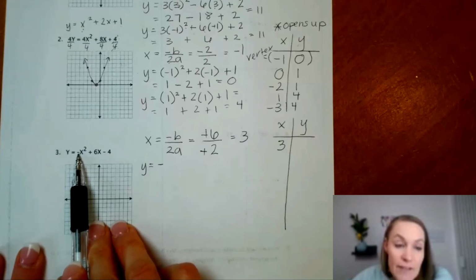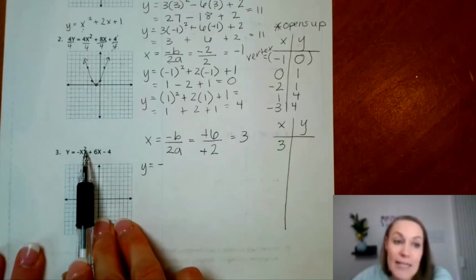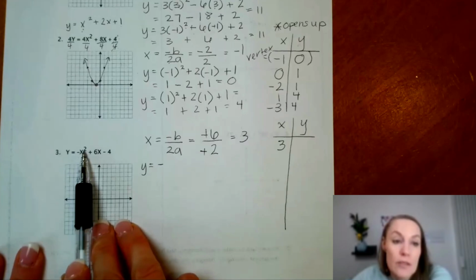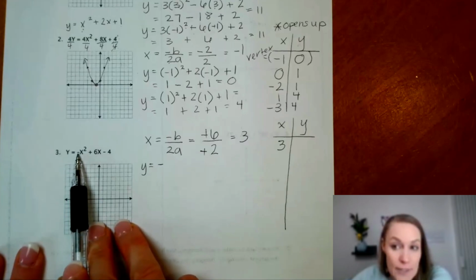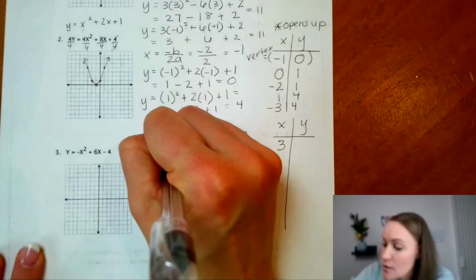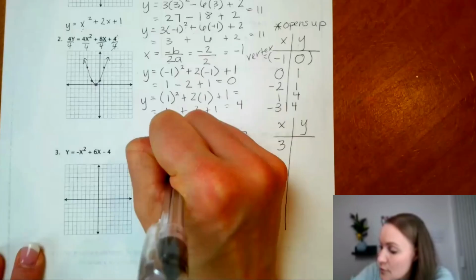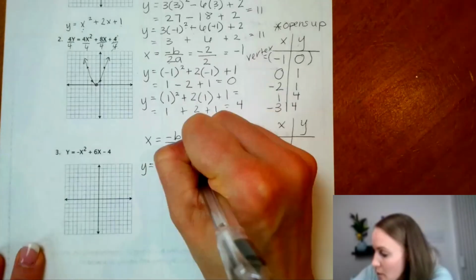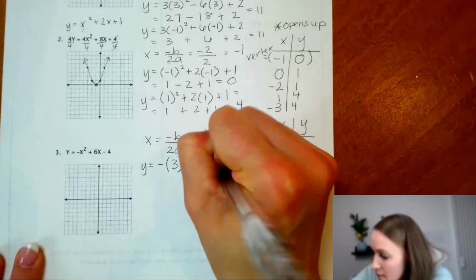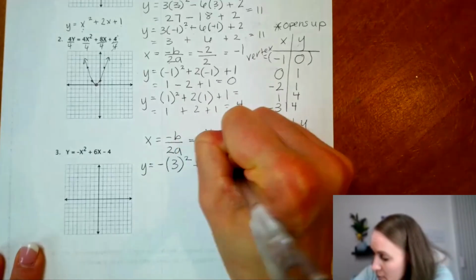And this negative is not inside the exponent. For that negative to be inside the exponent, it would need parentheses. So the negative is outside the exponent. So I have +3 squared plus 6 times +3 minus 4.